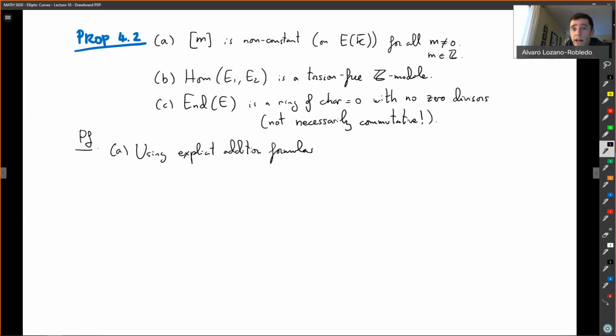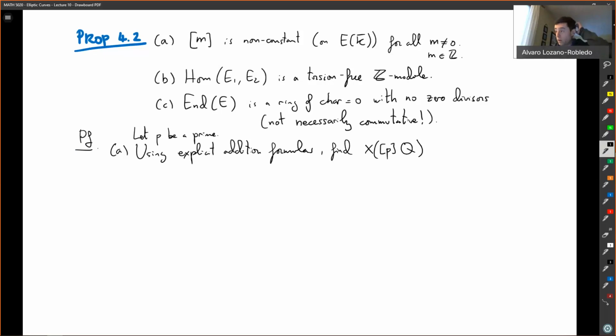We can actually compute x of p times q, say for p a prime. So let p be a prime. We could find the formula for multiplication by p.